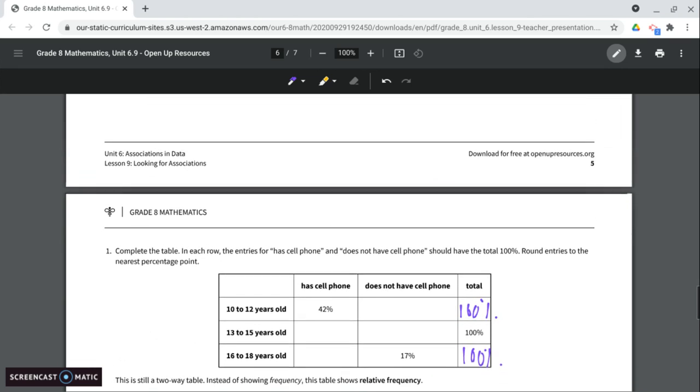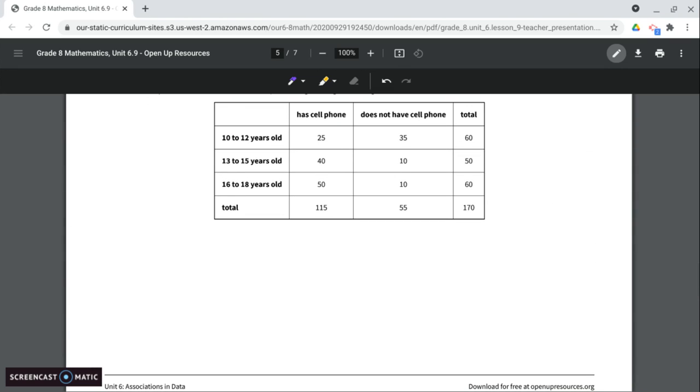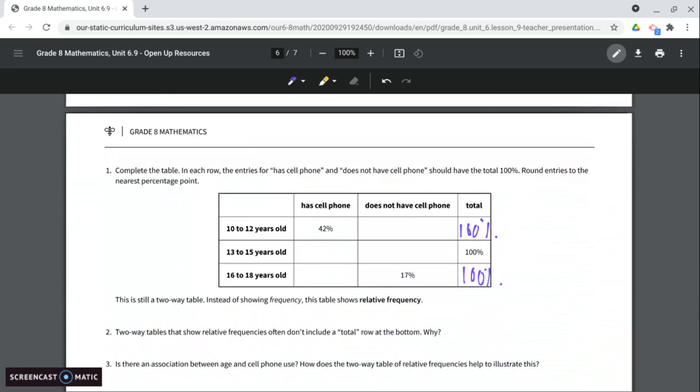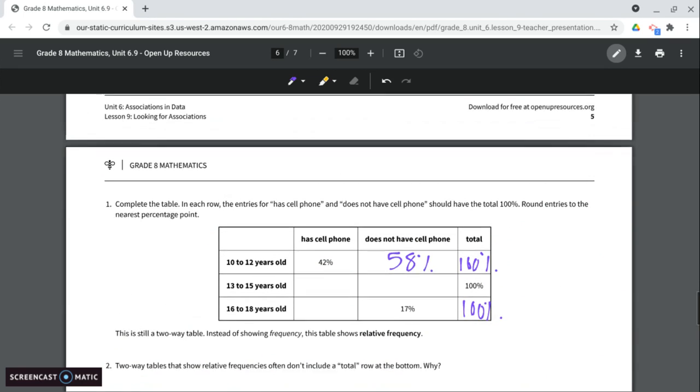So these would be our frequencies. To get the 42%, we would have taken 25 and divided it by 60. To get the next one, we're going to take 35 and divide by 60. 35 divided by 60 is going to give us 0.58, so that means this is 58%. Now we do the same thing with the next row.